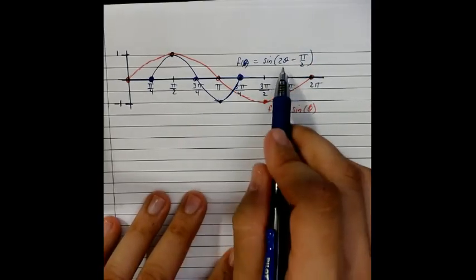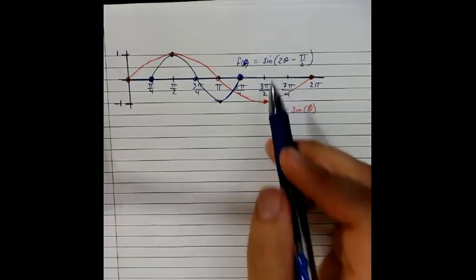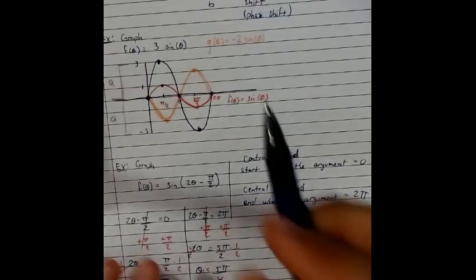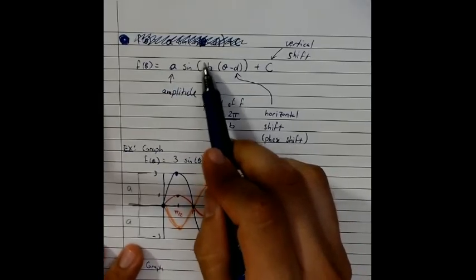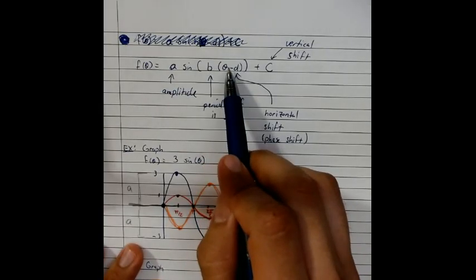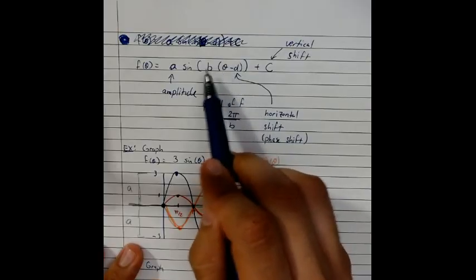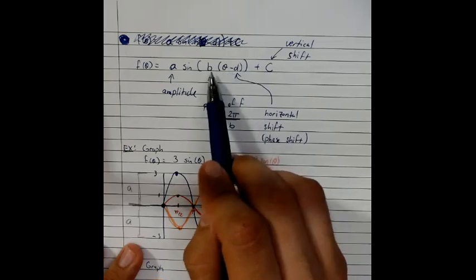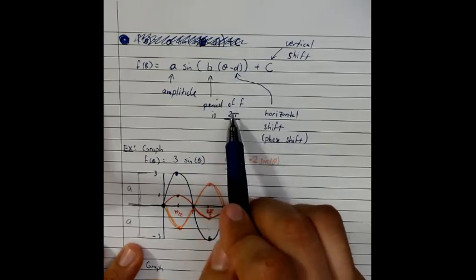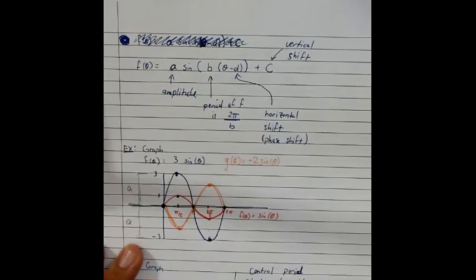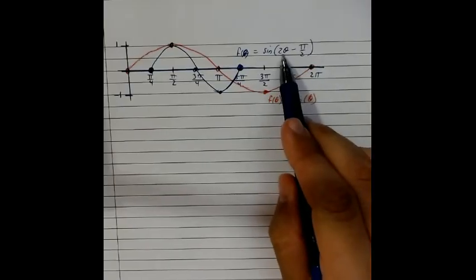Here we can confirm something about our graph. Note that whatever the coefficient of your variable is, whether it be x or theta or anything else, 2 pi divided by that number gives you the period of your function. Well, here that's the number 2.